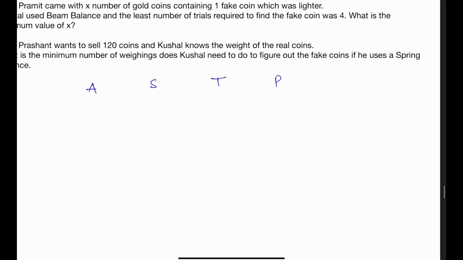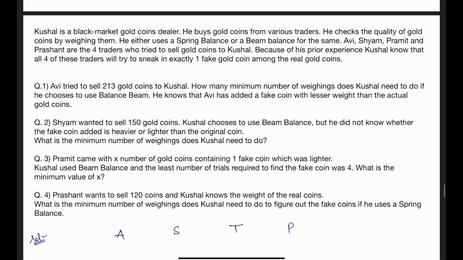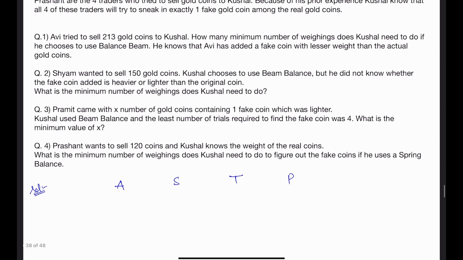Pramit is T, Prashant is P. These 4 people are there, and according to the question, all 4 traders try to sell coins, and because of prior experience Kushal knows that all 4 will try to sneak in exactly one fake coin among the real gold coins. So all are trying to cheat.